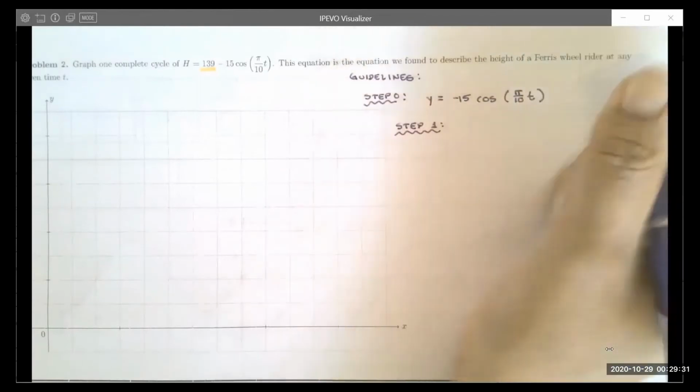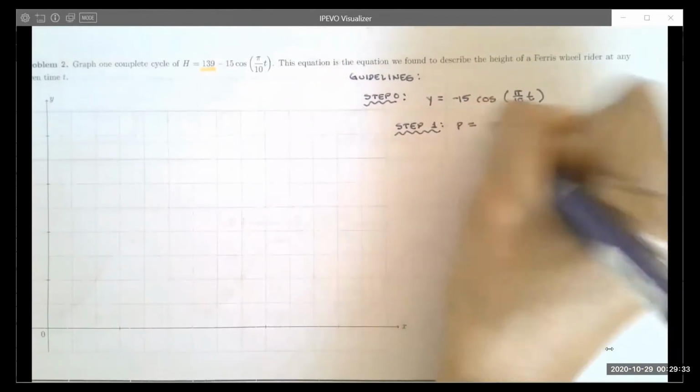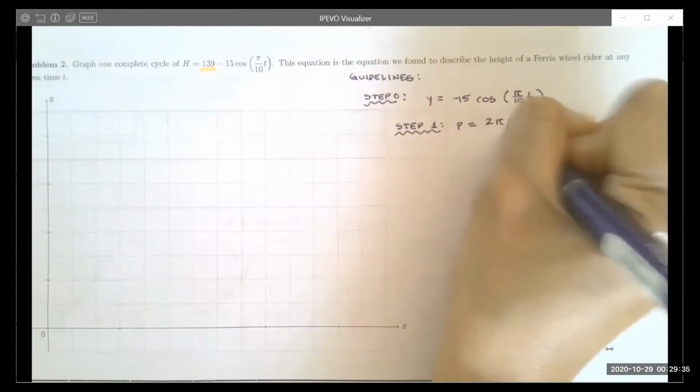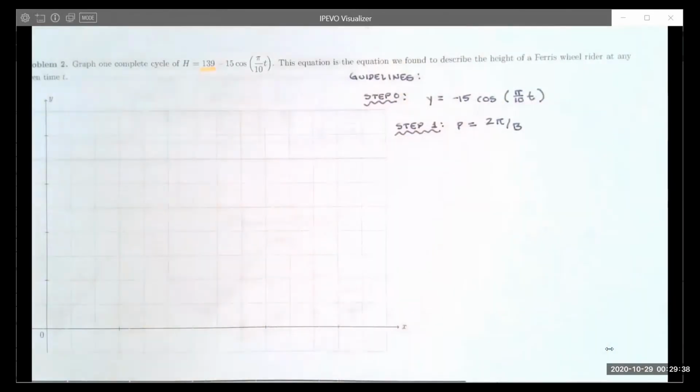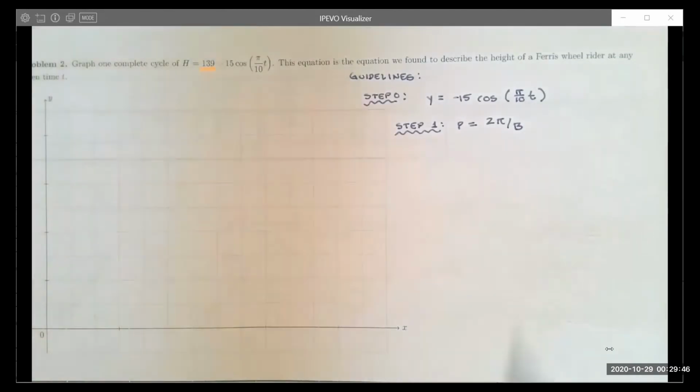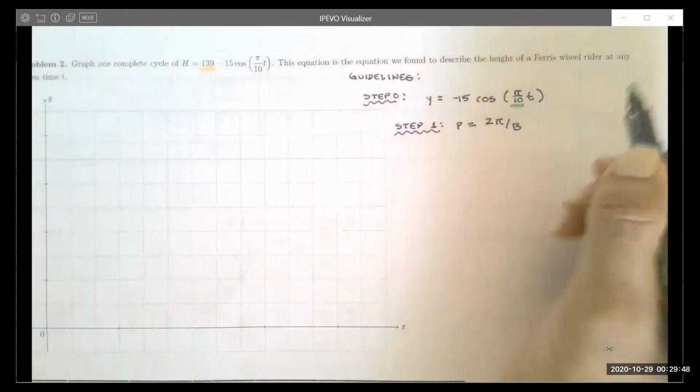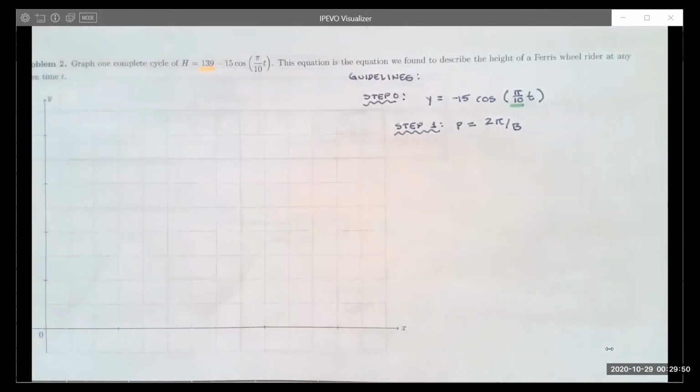In order to find those, we need to first know what the period is. So step 1 is the same step 1 that we've been taking in order to graph the other trigonometric functions that we've seen thus far. So b in this case is pi over 10.